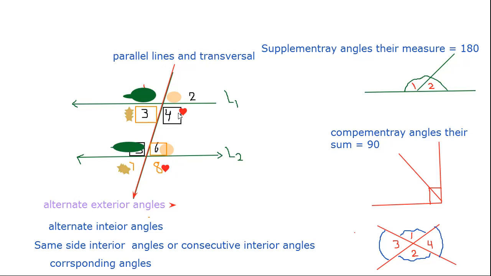So with corresponding angles, 2 with 6, 4 with 8, 1 with 5, 3 with 7. Once we skip a line on the same side of the transversal, we can denote them as two corresponding angles. Then we said 4 and 8 are corresponding, 2 and 6 are corresponding, and so on.